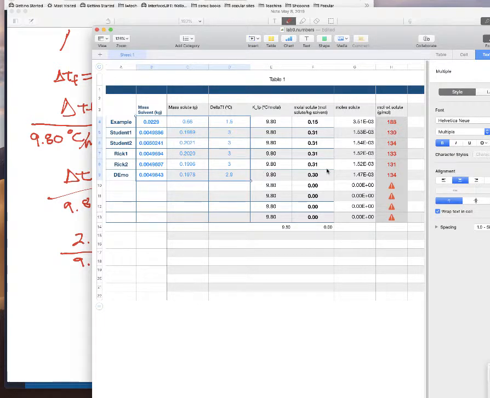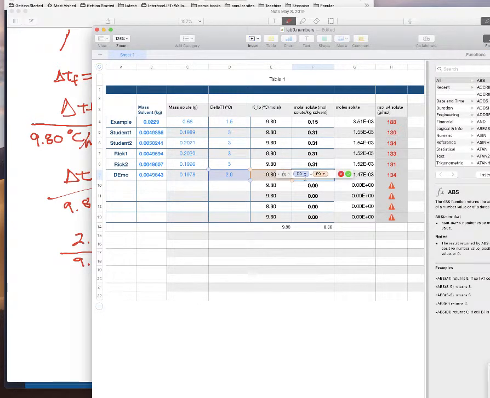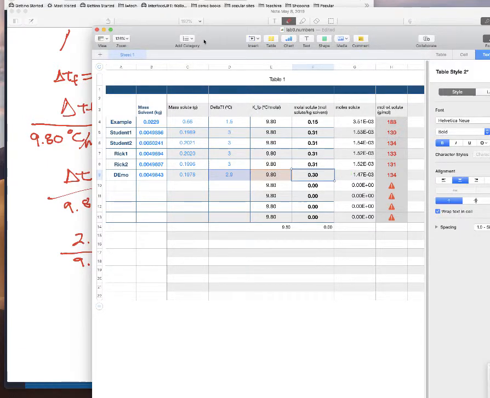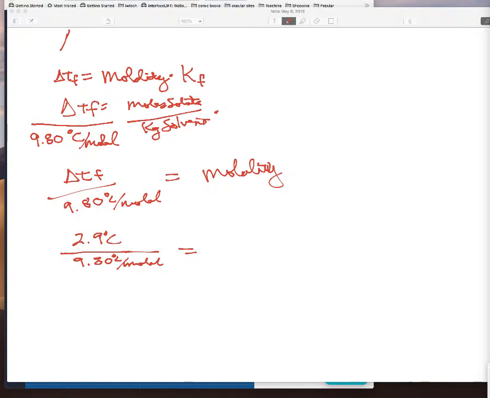I have D9 divided by E9, and if you look, you get 0.30 molal. There, that's this part here.